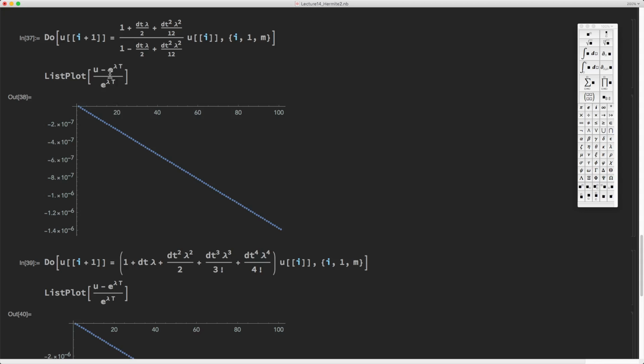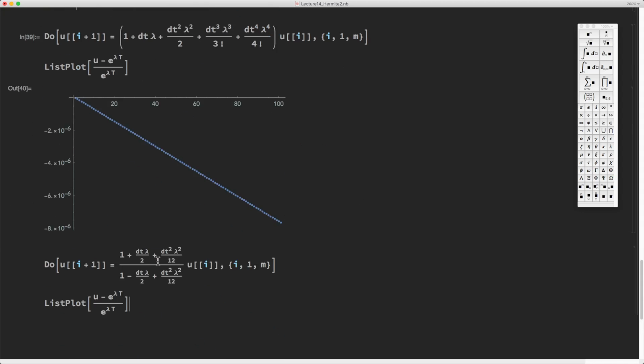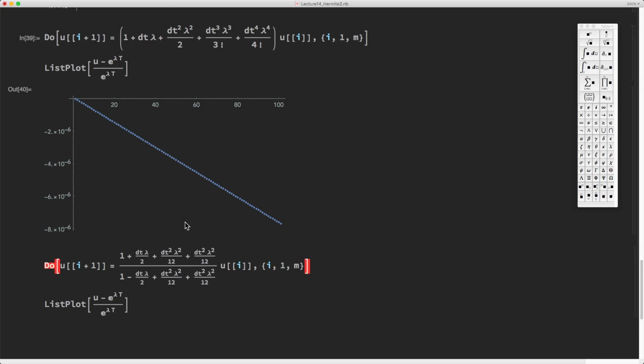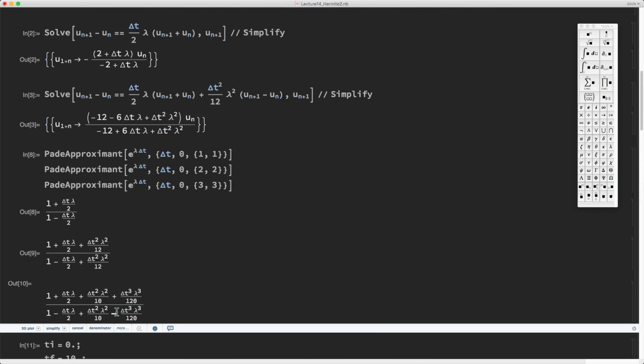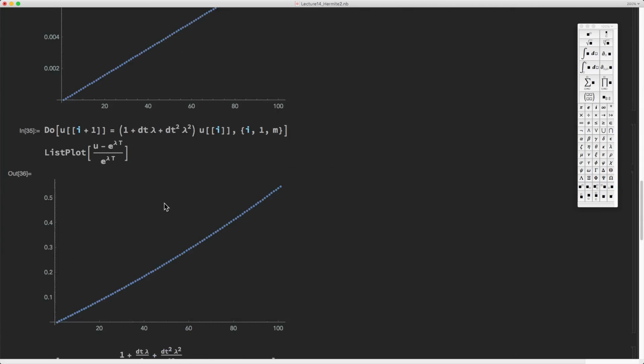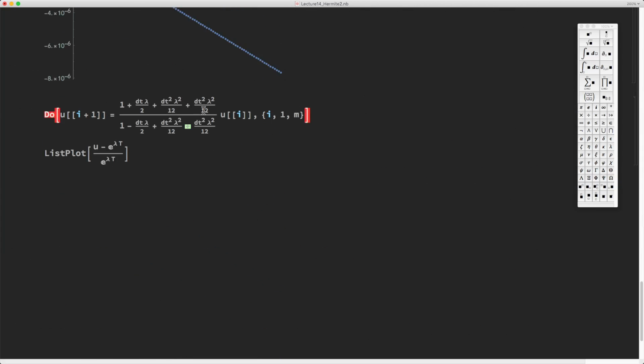So the next order would be Lobatto's rule. So that would be this correction, and let's check the signs. So we have a minus here. Okay, so there's a minus here.